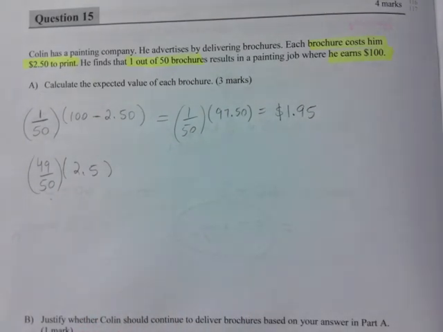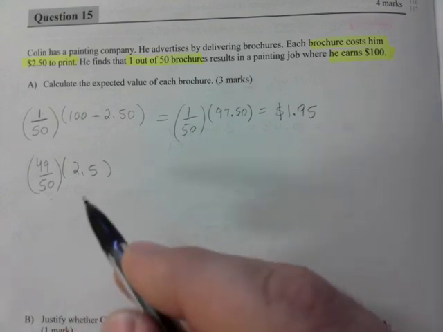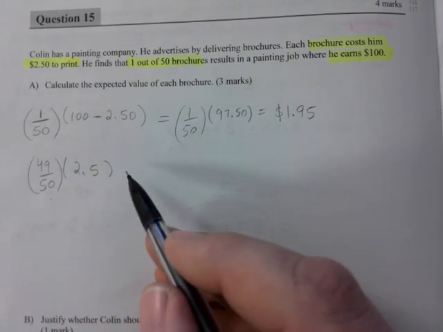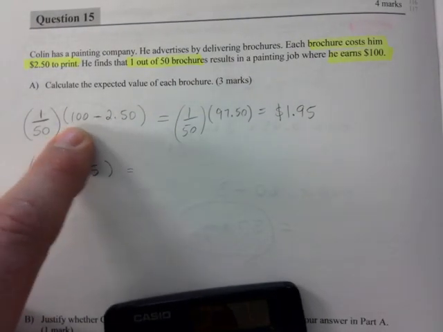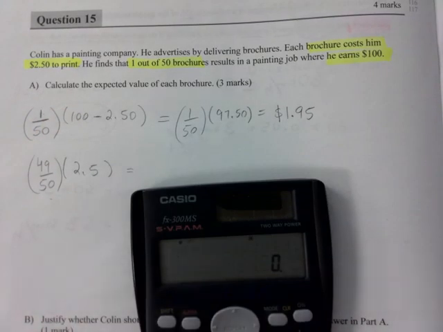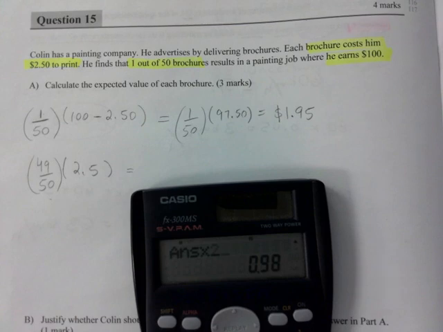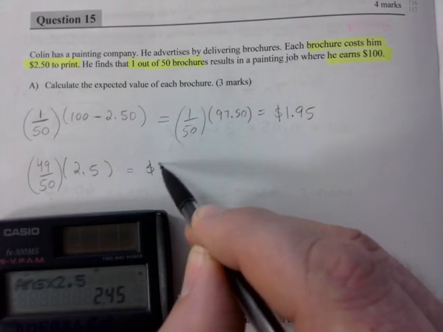For every brochure that people throw in the garbage or recycling, it's $2.50 that you lose every single time. 49 out of 50 times you lose the $2.50. Okay? So you don't have to subtract, because you're really just gaining what's left over. So 49 divided by 50 times 2.5, that's 2.45.